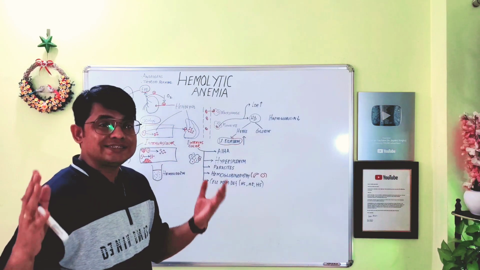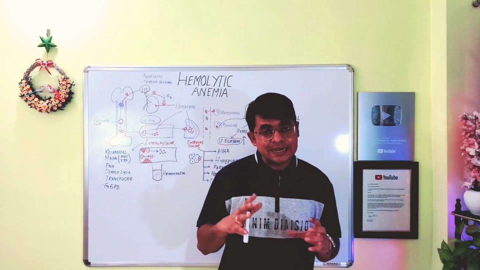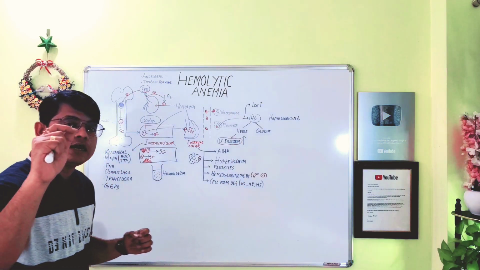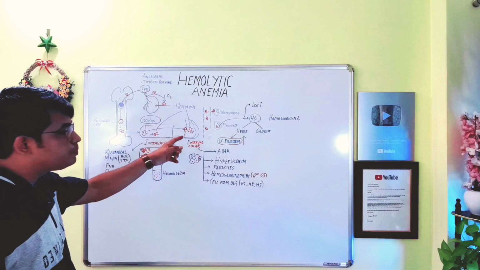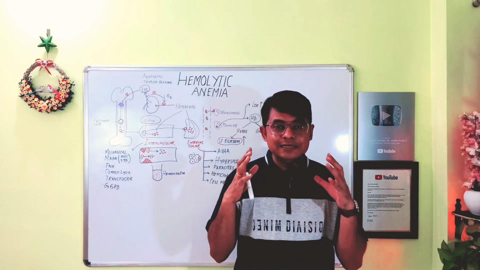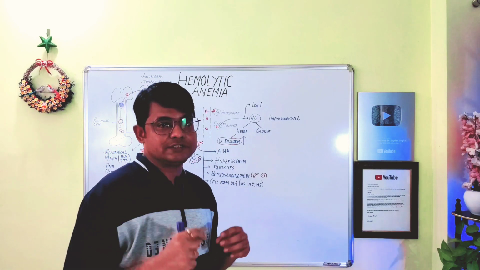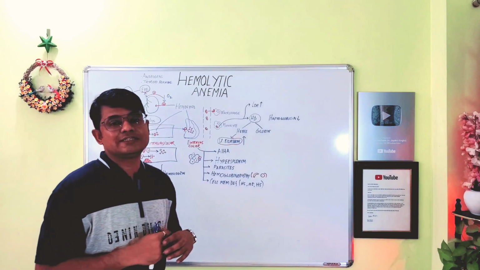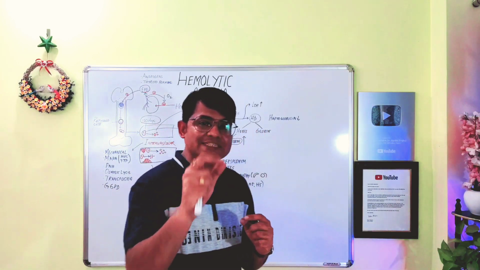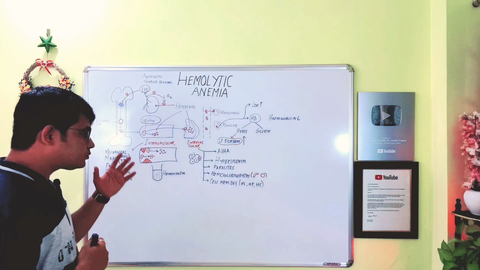reticuloendothelial system. So what is reticuloendothelial system? The system that is concerned with the destruction of the old aged RBCs, and it is comprised of spleen and liver, because in spleen and liver there are some cells known as macrophages, and these macrophages are capable of killing old, aged or any damaged RBCs.